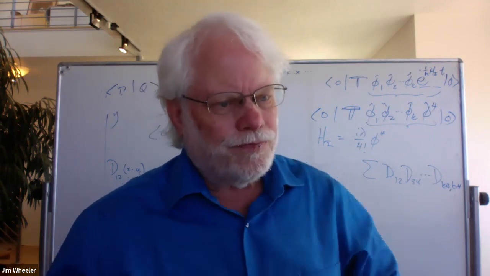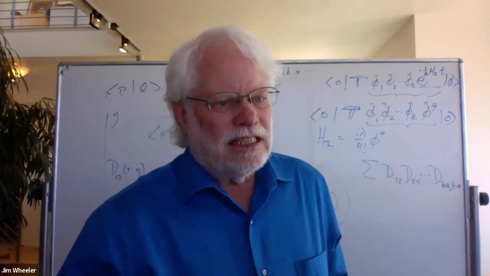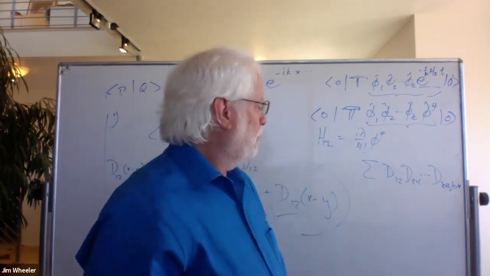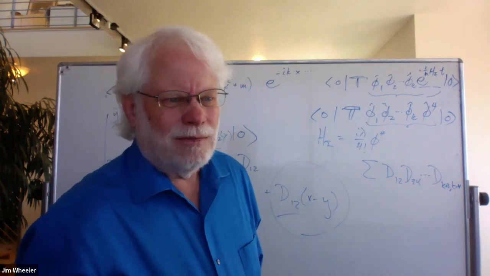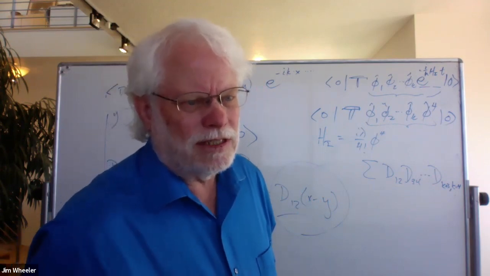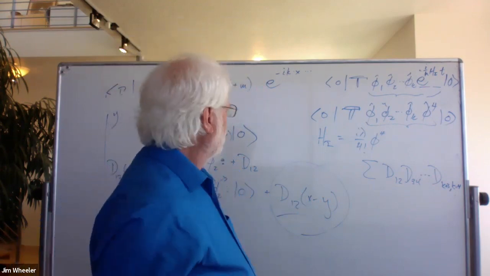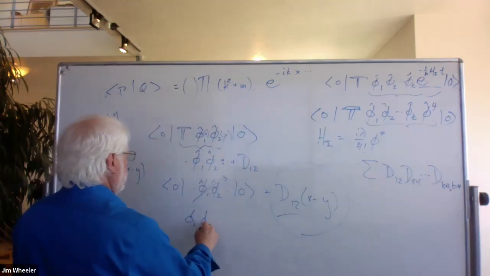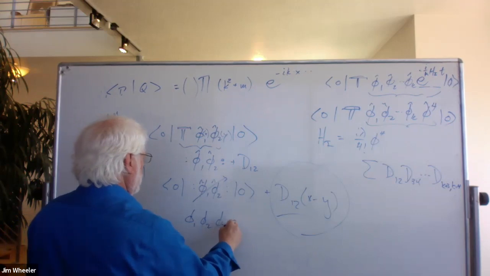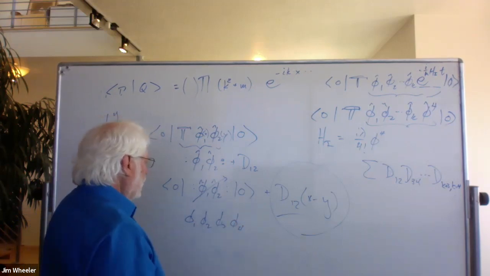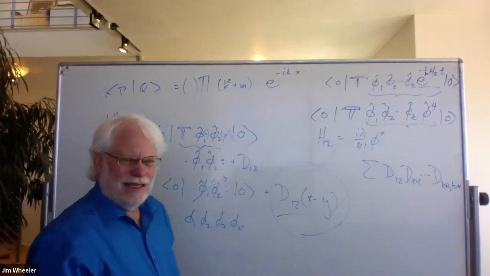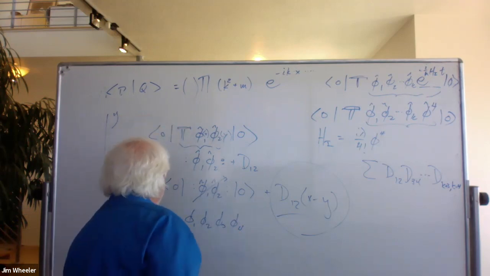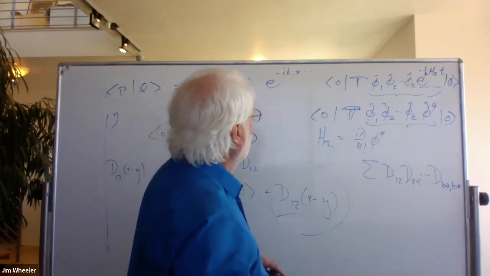Now, suppose we have a pair of particles. Suppose we have, let's see, 4 fields. If we have 4 fields in here, phi1, phi2, phi3, phi4, there actually are 3 possible scenarios that correspond to that.